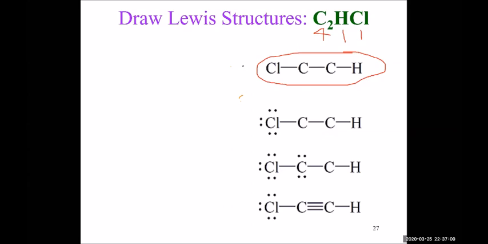So that determines this is the only possibility. And chlorine cannot go here either, because the hydrogen would then have 2 bonds. So the carbons have to stay in the middle, 2 carbons together, with hydrogen and chlorine, 1 on each side.